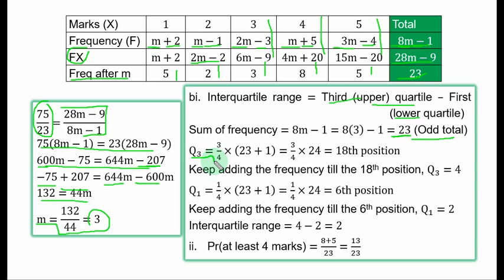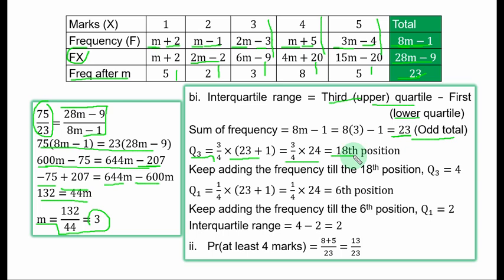So you will add 1 to make it even total. So you have 3 over 4 times 24, and that is 18th position. So from the frequency, the third quartile occur where you have the 18th position.